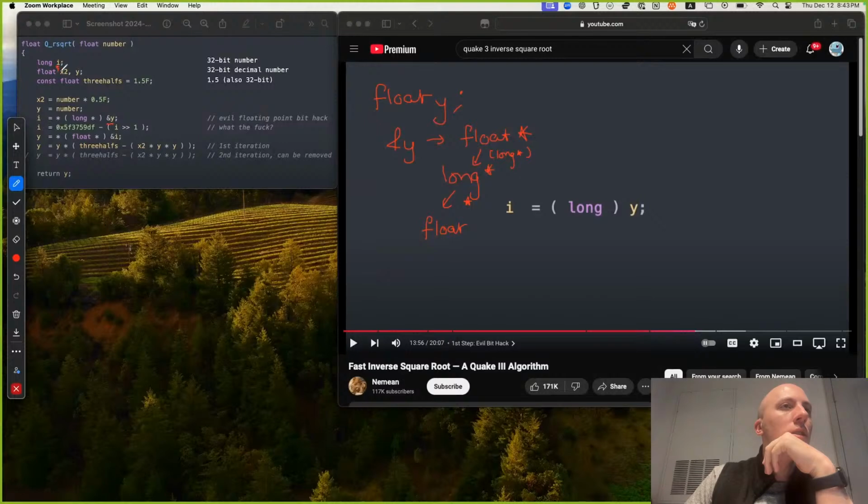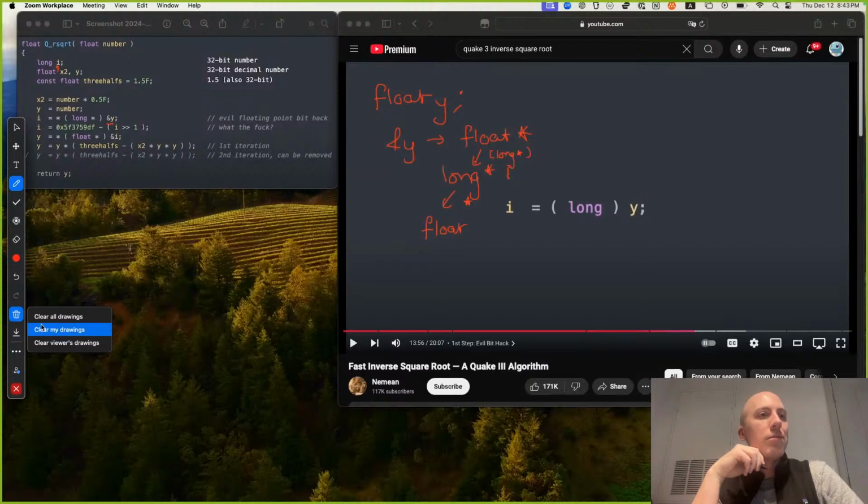Oh, I is a long. Huh. Okay, that's interesting. So we convert it to a long pointer, and the long pointer is like, this is just pointing to a long. I guess all it really knows is that a long is 32 bits, and here's 32 bits, so just point to this thing. Then you can dereference a long pointer, and it's just the bits. So that gives us I. Oh, okay. Doesn't seem too bad.